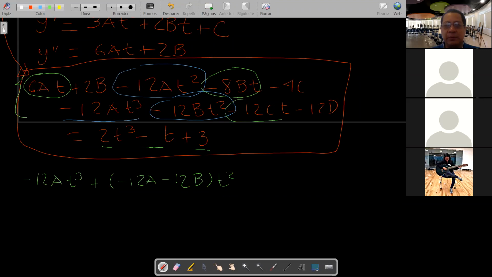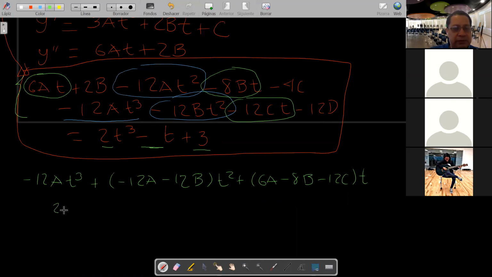Oh, here's another one. So we have (6a minus 8b minus 12c) times t. And finally, the independent coefficients.